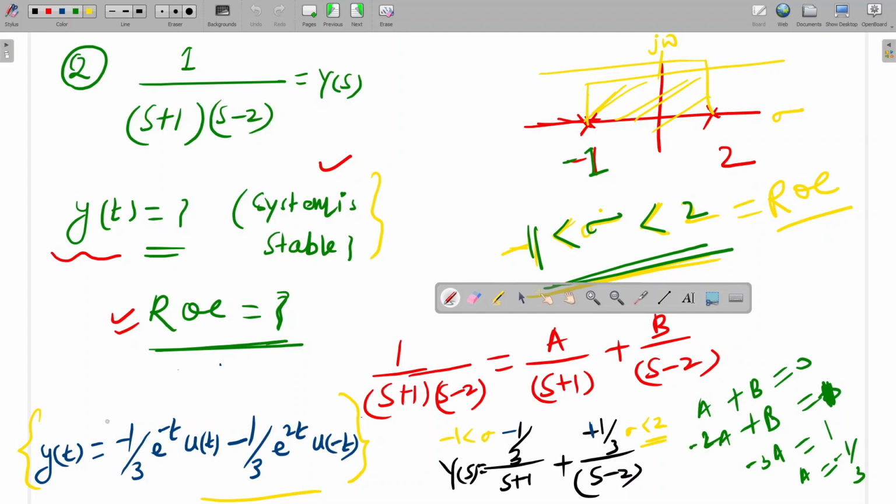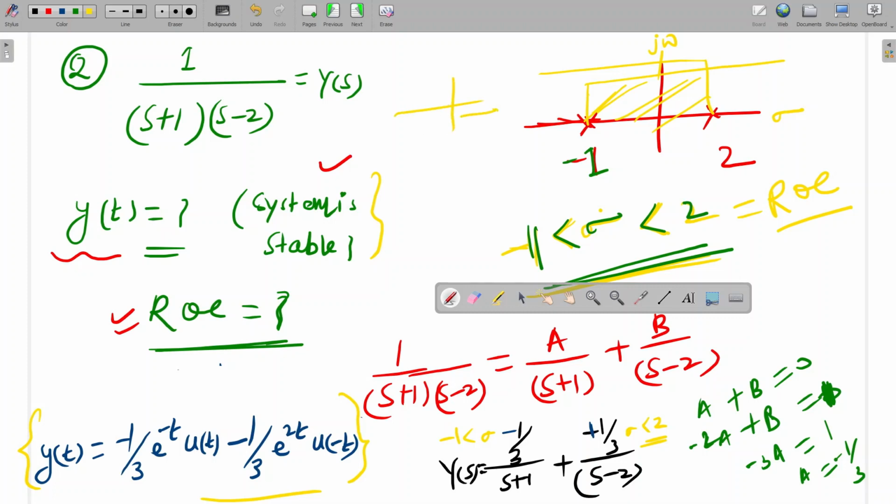You can verify it also. This is an exponential decay term as t tends to infinity, but here it will go in the negative direction.